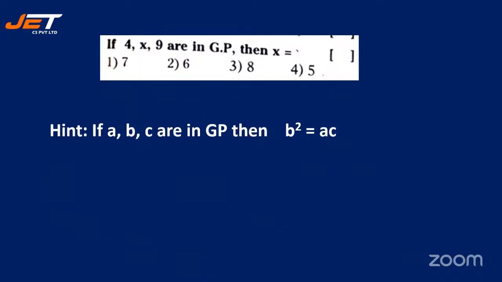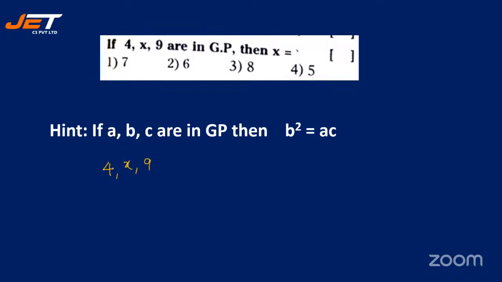We have 4, x, 9 are in GP. Then you need to find out the value of x. The hint is given here. If A, B, C are in GP, then B square is equal to AC. So here we take 4, x, 9.